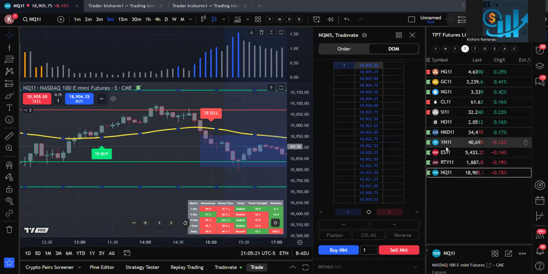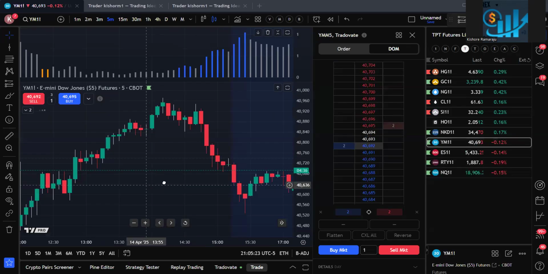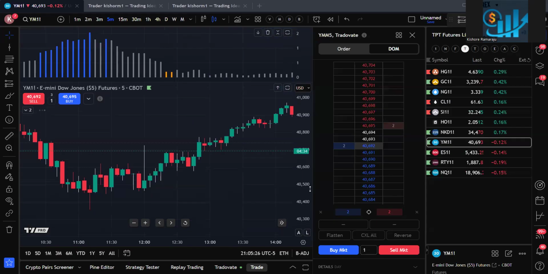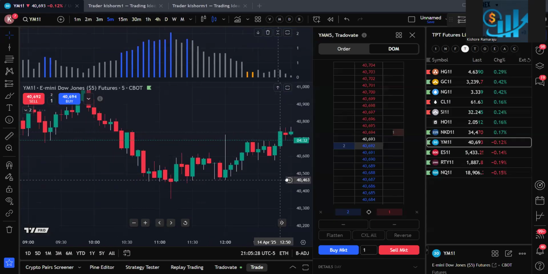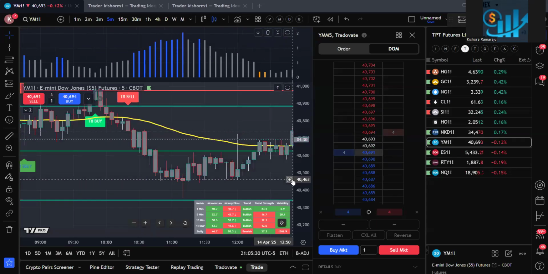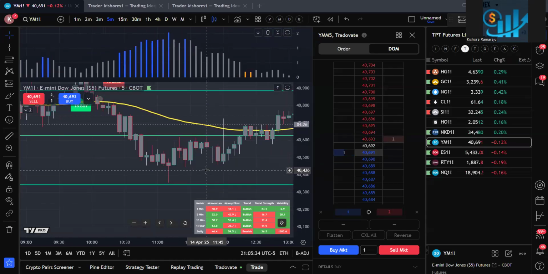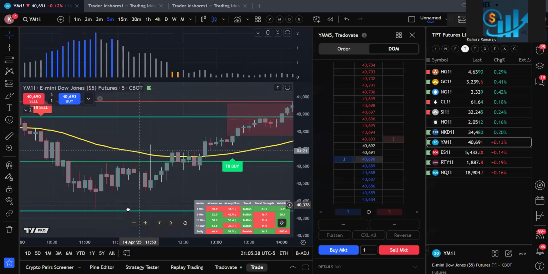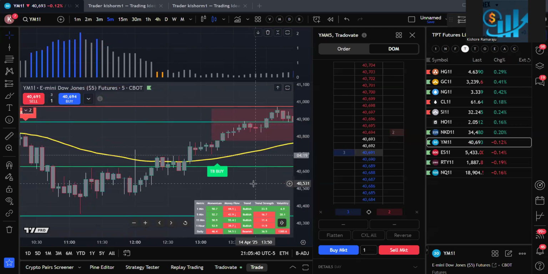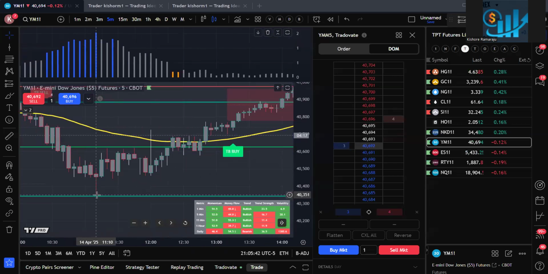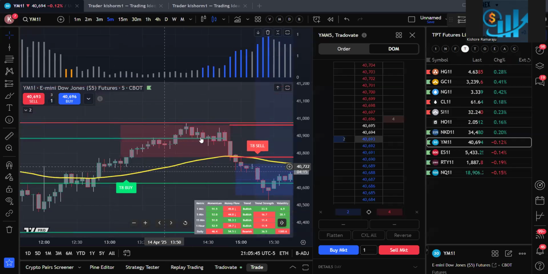At the same time you can use YM. YM also started moving at the same time, 11:10. Then it went all the way from 43,500 to 44,100, nearly 600 points.